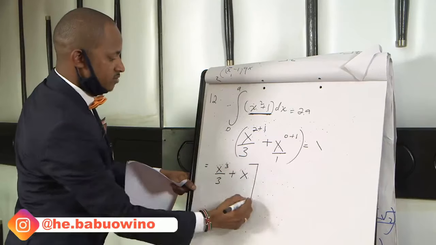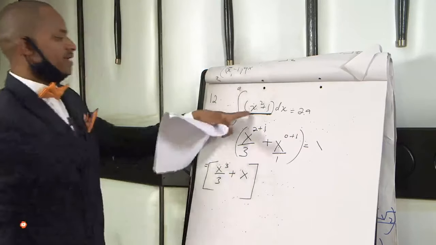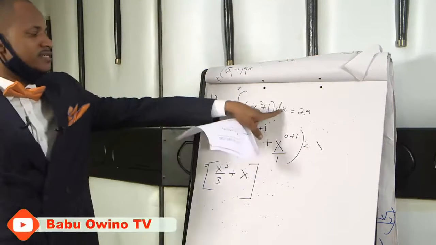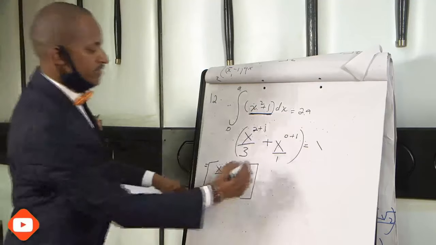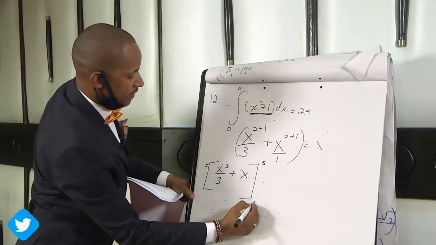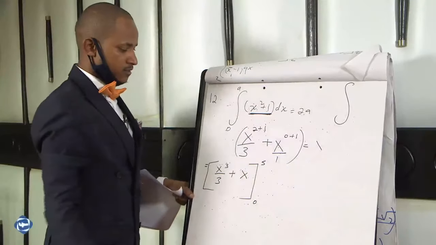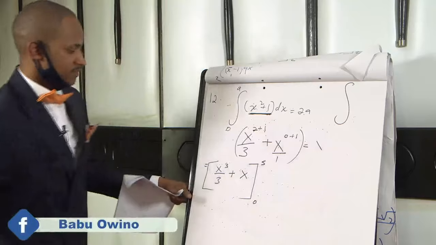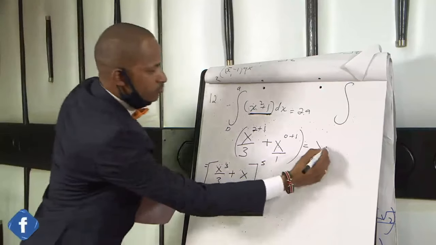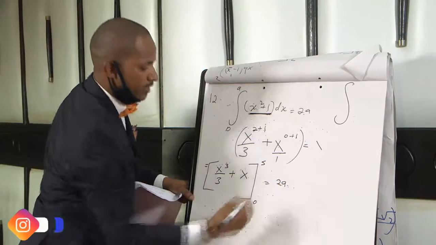So these values, after integrating, you don't write dx. You just replace it with the limits of 5 and 0. And again, you don't write the integral sign because you've already integrated it. So this value equals 2a.